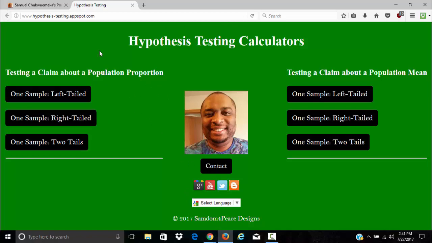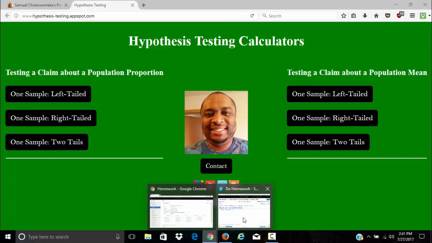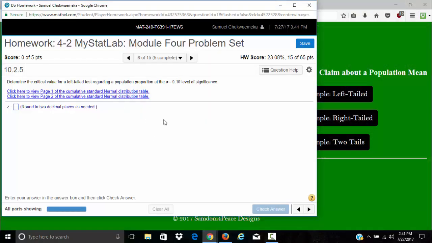Because some of you might ask me, why don't I use the critical Z for inferential statistics? Well, that is for inferential statistics. Here we are going to use the critical value, but we are not using alpha over 2.